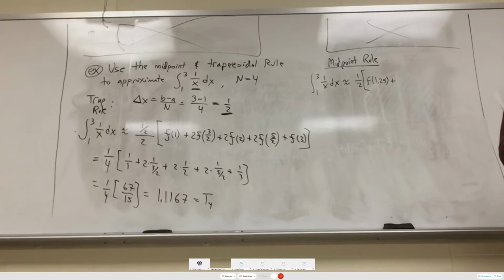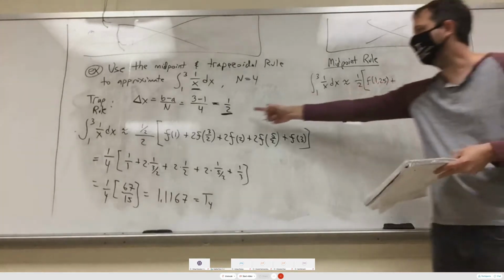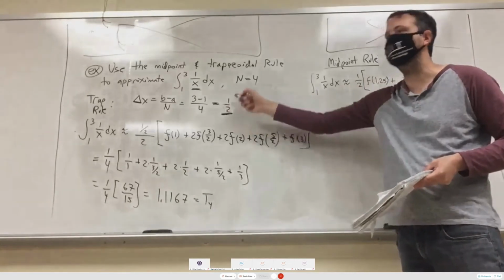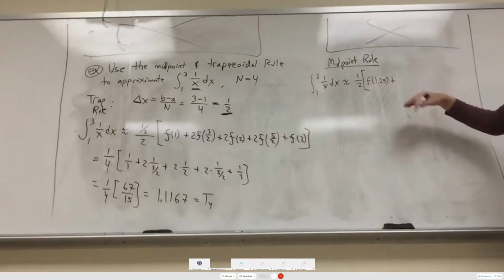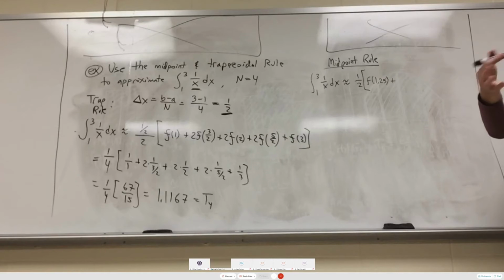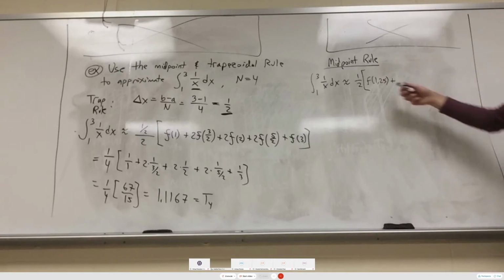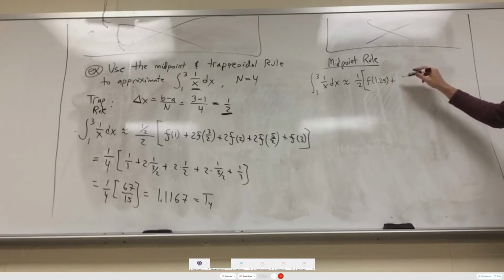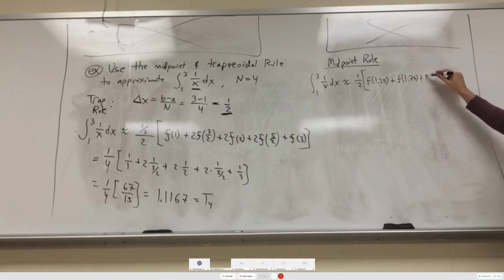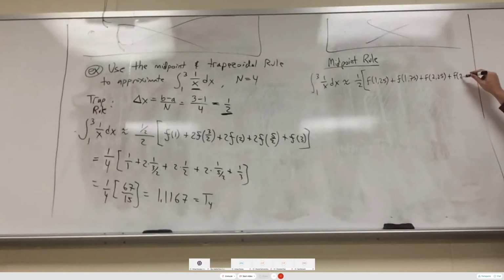You could similarly find the midpoint of each of them, or you could just add, since all the midpoints have to be the same delta x apart. The next one goes from 1.5 to 2, averaging to 1.75, and adding 0.5 gives you the next one. So f of 1.75 plus f of 2.25 plus f of 2.75.